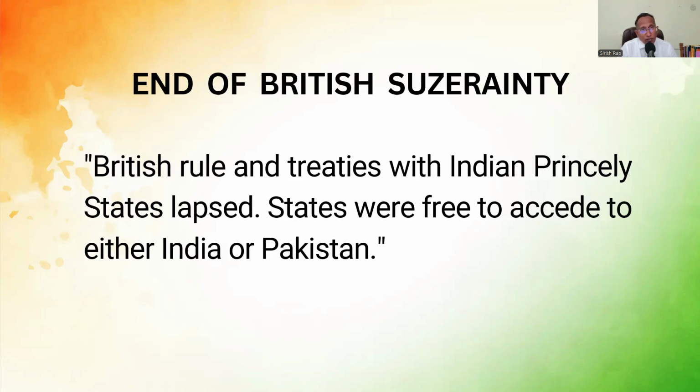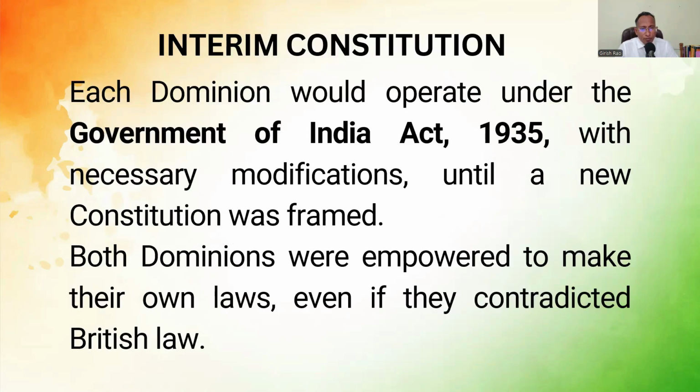By this Act, even those agreements came to an end, and both India and Pakistan were given the freedom to reach whatever agreement they desired with them. And so, the relationship between the British and the rulers of many of the states also came to an end.